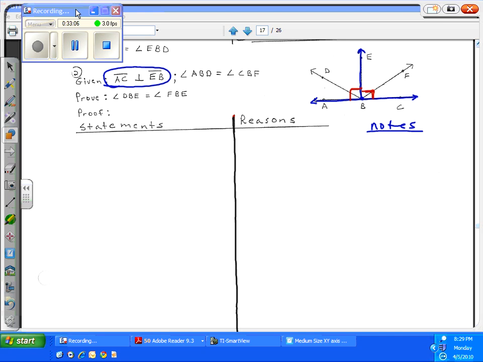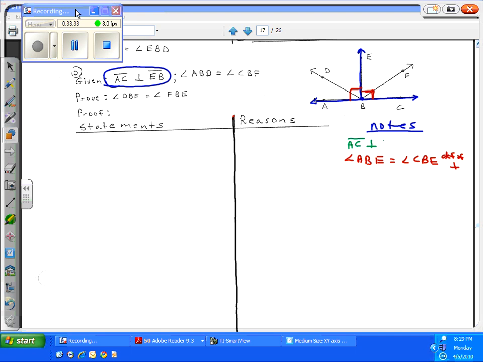So what do we get out of that? We get equal adjacent 90-degree angles. So we can reach the conclusion that angle ABE is equal to angle CBE by definition of perpendicular.